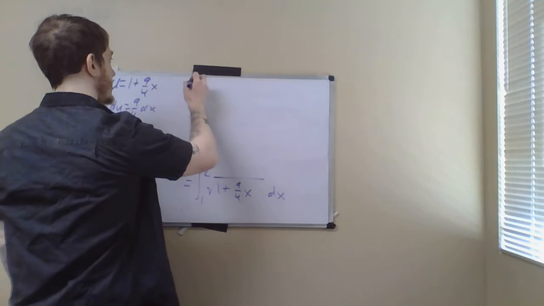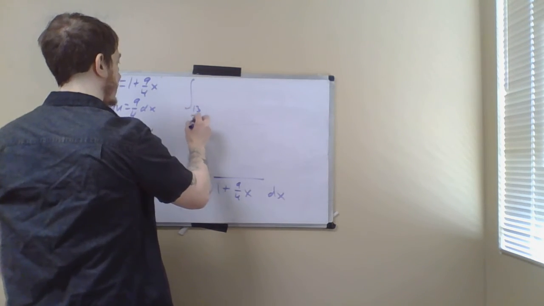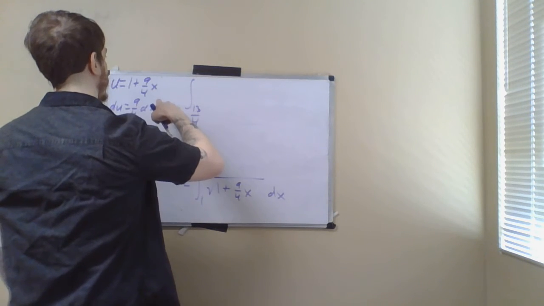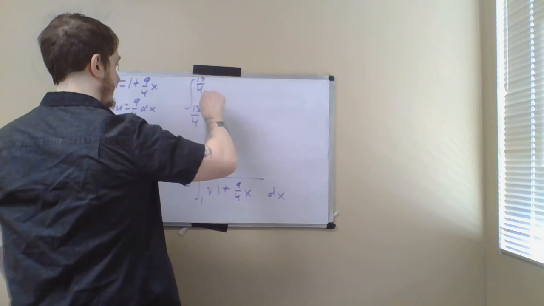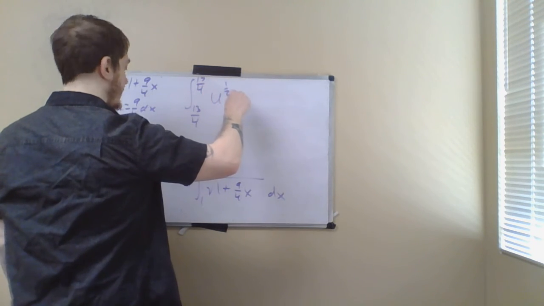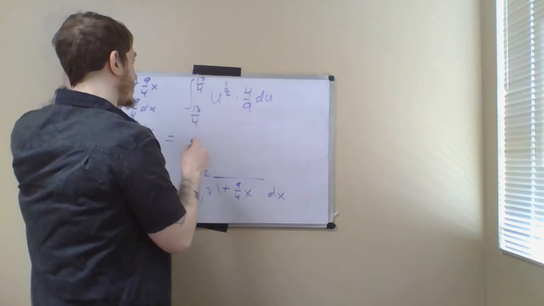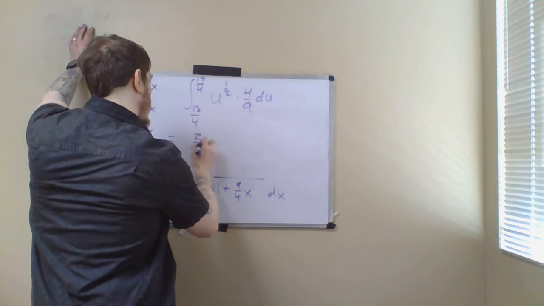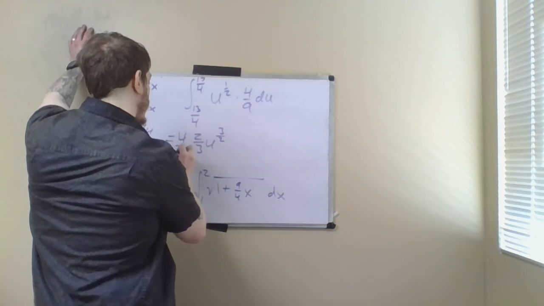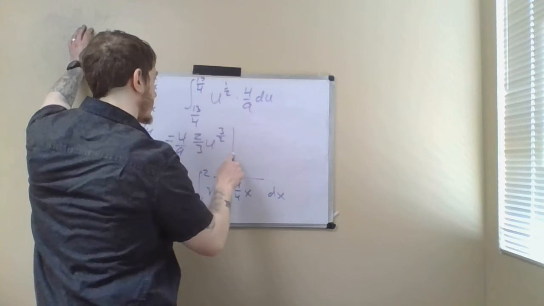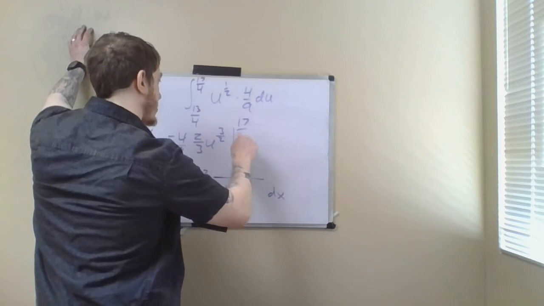This is going to become the integral, where 1 plus 9/4 is 13/4 and 2 plus 9/4 is 17/4, of u to the 1/2 times 4/9 du. That's going to be 2/3 u to the 3/2, and then we also have a factor of 4/9, evaluated from 13 over 4 up to 17 over 4.